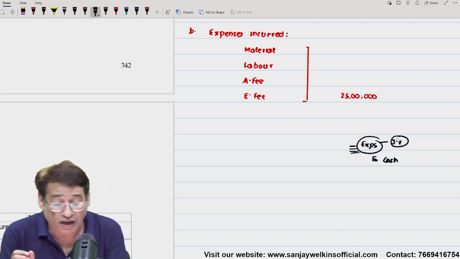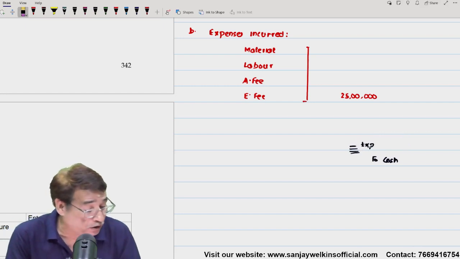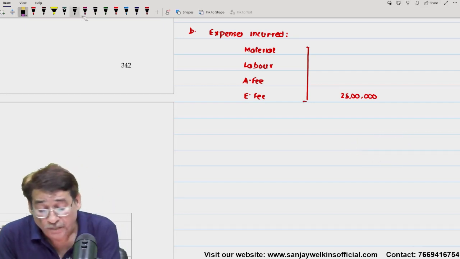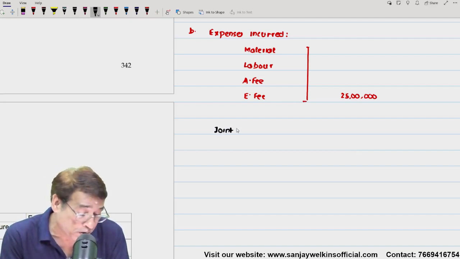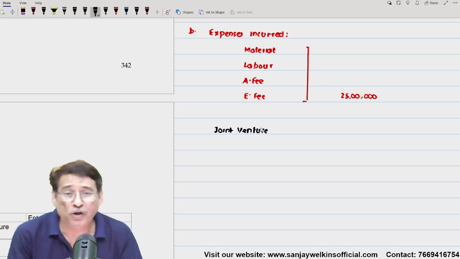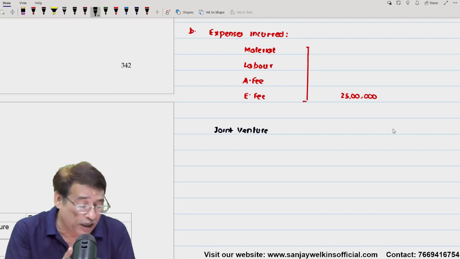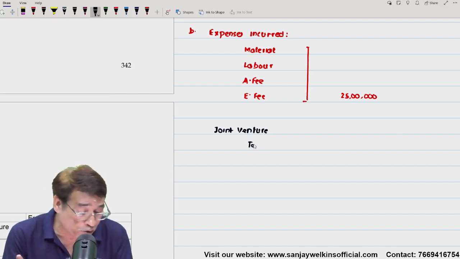So my entry in this particular case for the expenses will be joint venture account debit. I told you, generally we write the entry expenses account debit to cash. But now instead of cash, I will write to joint bank.